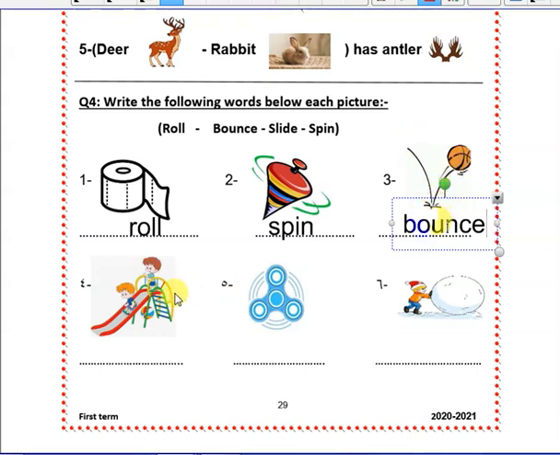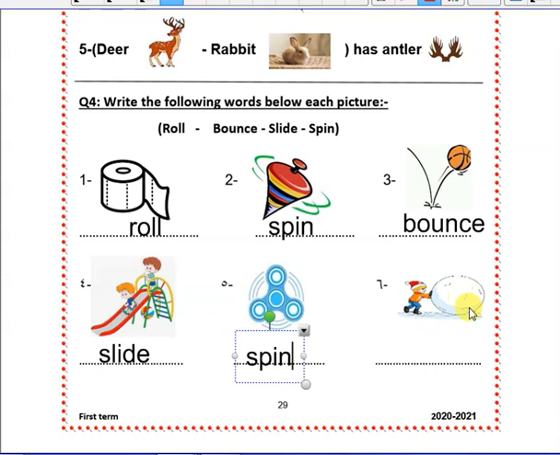This boy can slide. And this spinner spins. This ball can roll. Okay, again, roll doing this movement and spin doing this movement.